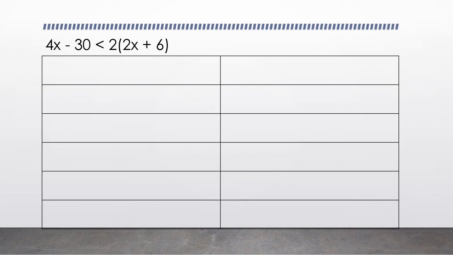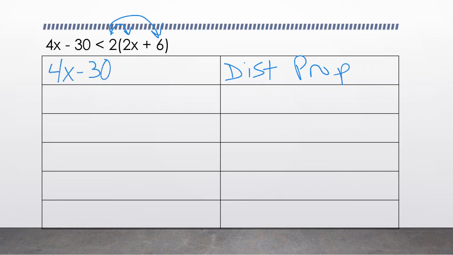So, one more. I have 4x minus 30 is less than 2 times the sum of 2x and 6. Once again, I'm going to use my distributive property first to distribute the 2 to the 2x and to the 6. I get 4x minus 30 is less than 4x plus 12.